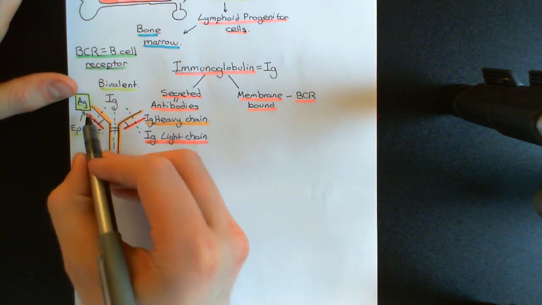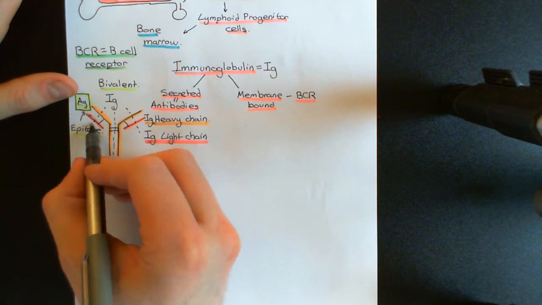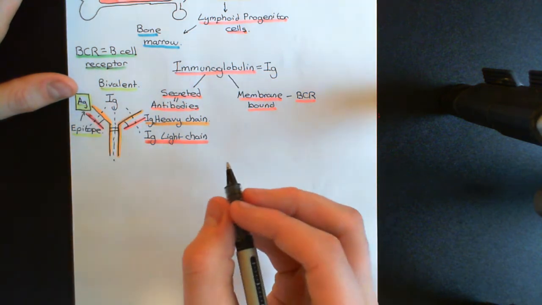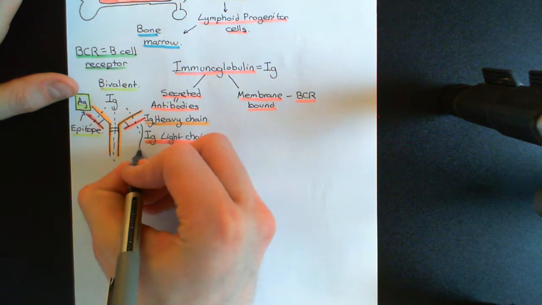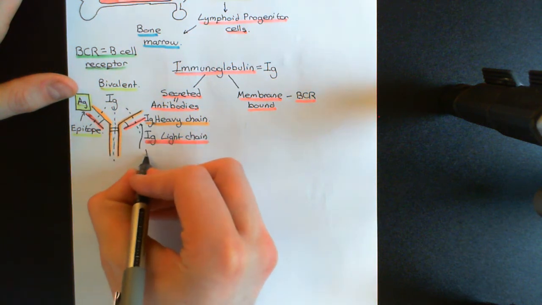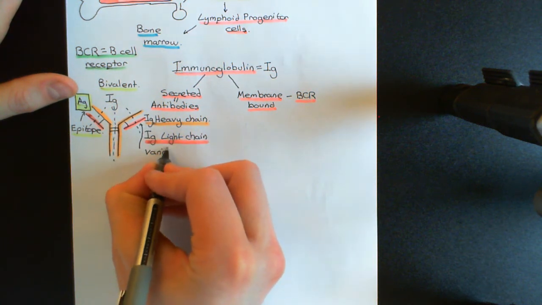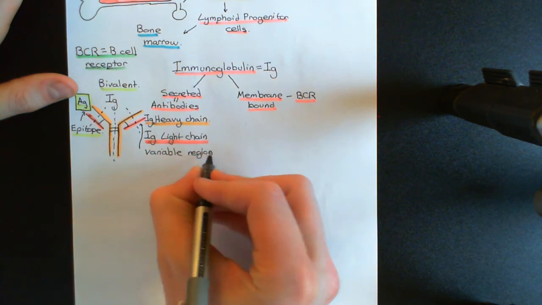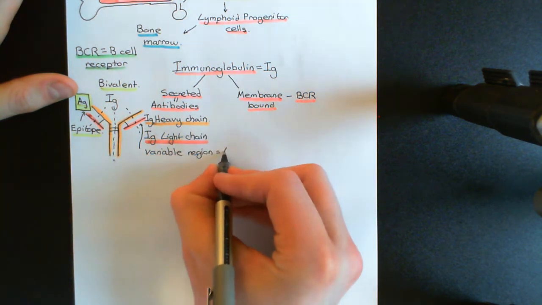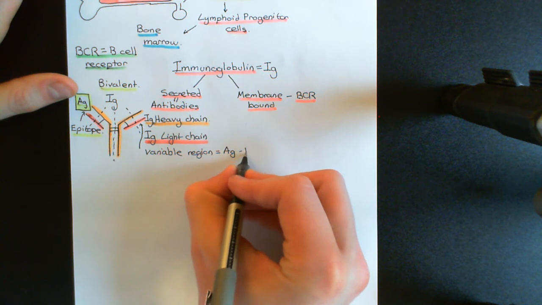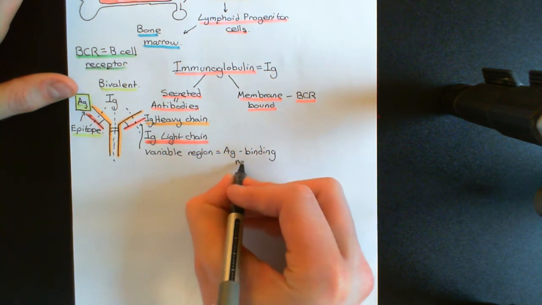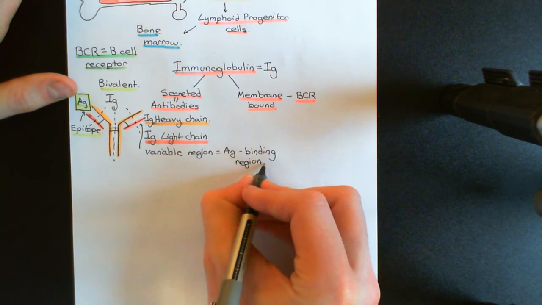These portions above the dashed lines, this portion here and this portion here, these are the antigen binding sites, or we can call them the variable portions of the immunoglobulin molecule. So this is the variable region, or probably a better description of it is just to call it the antigen binding region. So again, I'm using my abbreviation for antigen there of AG. So this is the antigen binding region.